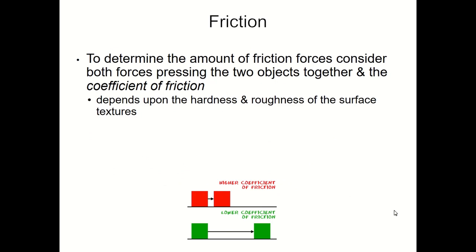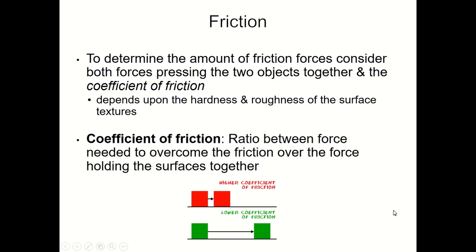So we can actually calculate coefficients of friction, and this is the amount of friction forces. The way you do this is you consider the forces pressing the two objects together, and this coefficient of friction depends upon the hardness or the roughness of surface textures. The coefficient of friction is the ratio between the force needed to overcome the friction over the force holding the surfaces together.